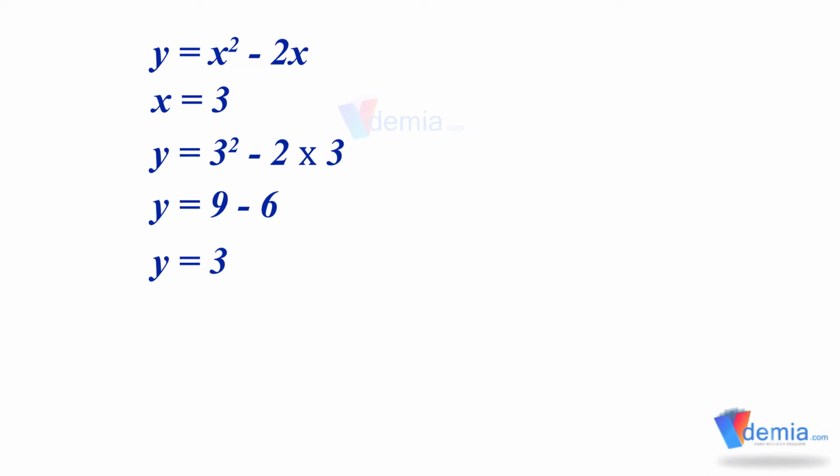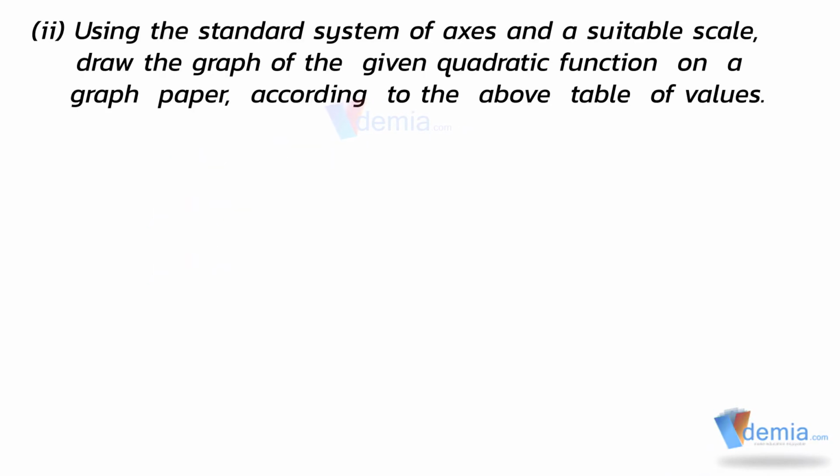So let's do the second question. Using the standard system of axes and a suitable scale, draw the graph of the given quadratic function on graph paper according to the above table of values. So we are asked to draw the graph of the given quadratic function.